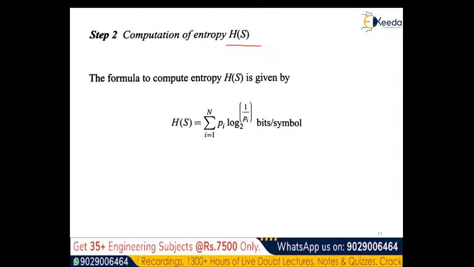H of S is equal to the summation i is equal to 1 to capital N P suffix i in multiplication to the logarithmic form of 1 upon P suffix i, where the base of the logarithm is equal to 2 in the binary notation. So this entropy we shall obtain in terms of bits per symbol here.